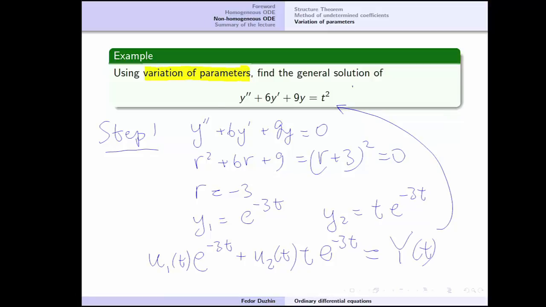In other words, we are looking for good forms of u1 and u2 such that y double prime plus 6y prime plus 9y equals t squared. So until now it's very easy to remember, right? When you know the words variation of parameters, you can imagine what it means. But now we have the second step.